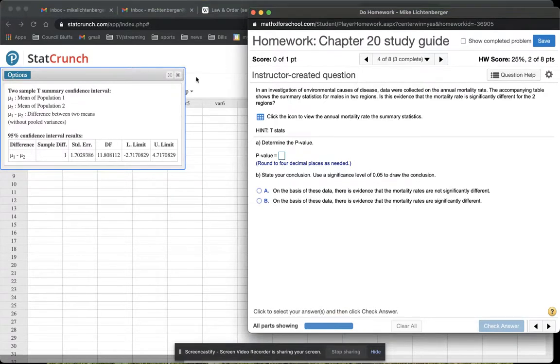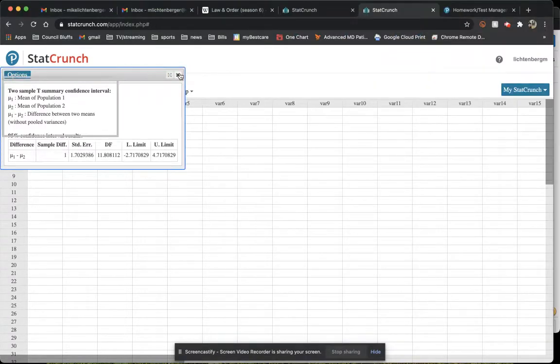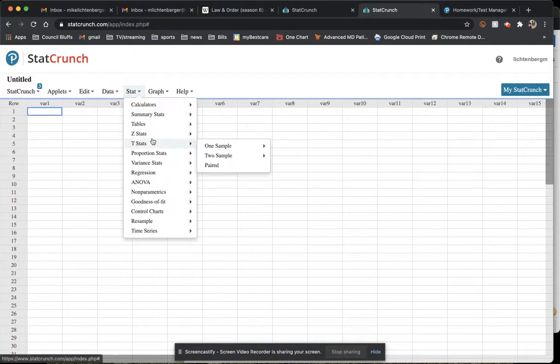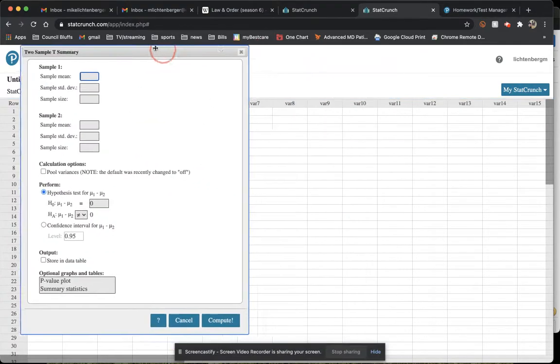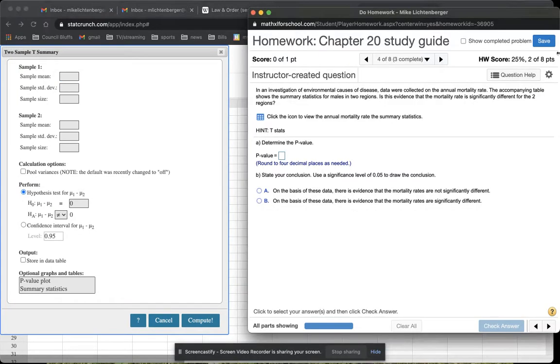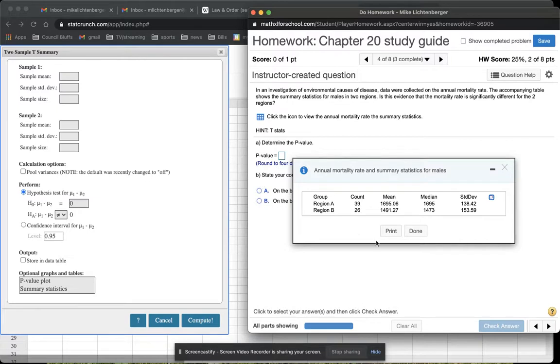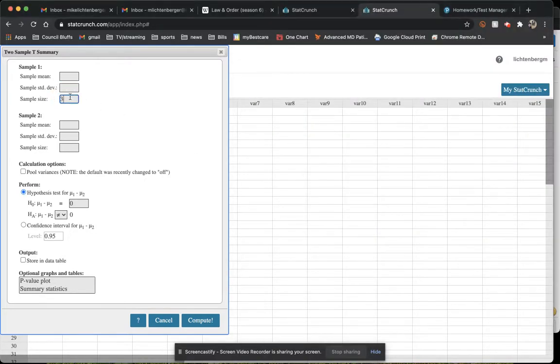Once again, we're going to do T stats, two sample. All right. So let's see. For region A, we'll use region A. So my count, which is my sample size, is 39.